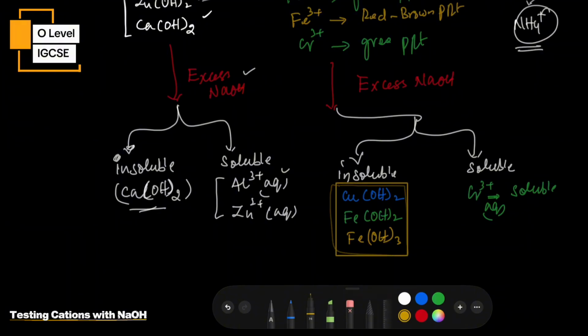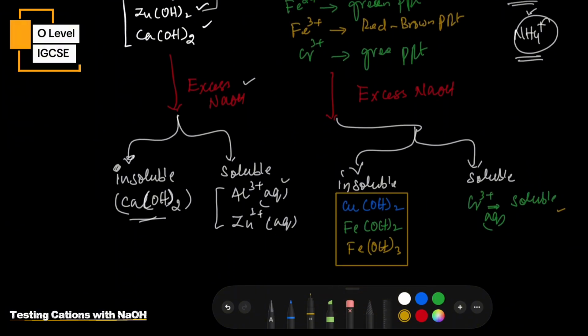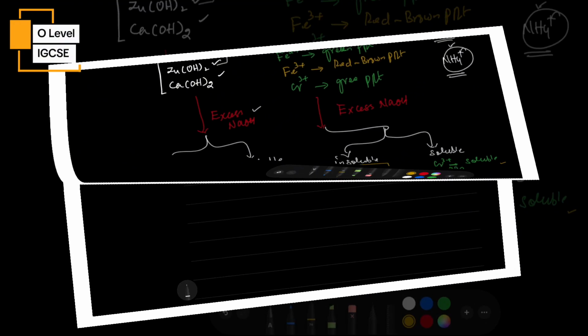So upon addition of excess sodium hydroxide, 3 precipitates will remain insoluble and only 1 will be soluble. In the case of white precipitates, only 1 is insoluble and these 2 are going to dissolve. So that scheme holds good for the addition of sodium hydroxide.